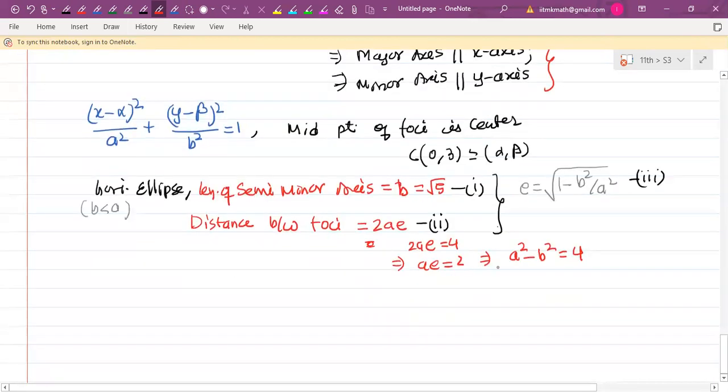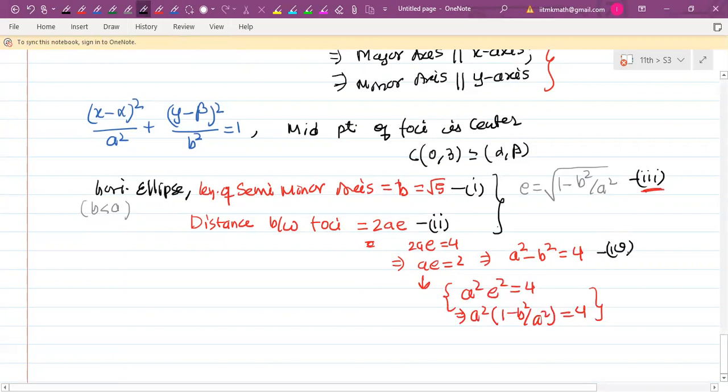How? You simply square that. So you will write a square e square is equal to 4, and you take the help from equation 3, and you will write a square times (1 minus b square upon a square) is equal to 4. So from that you will get equation number 4.